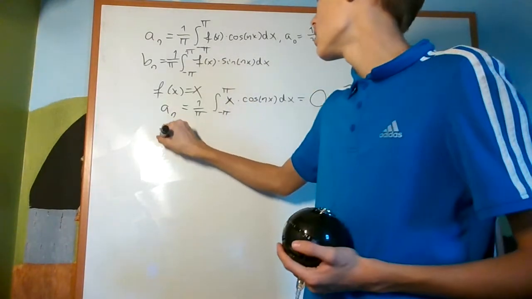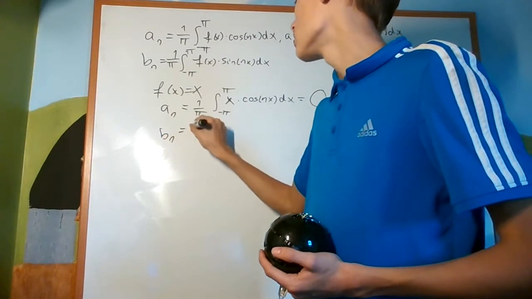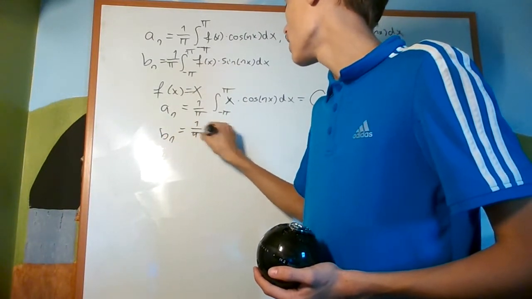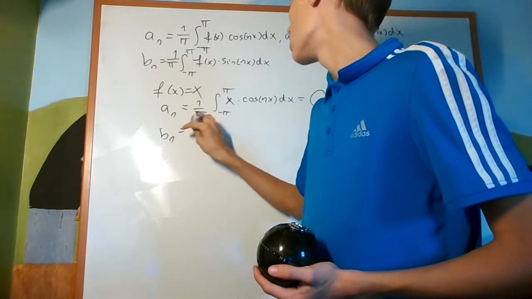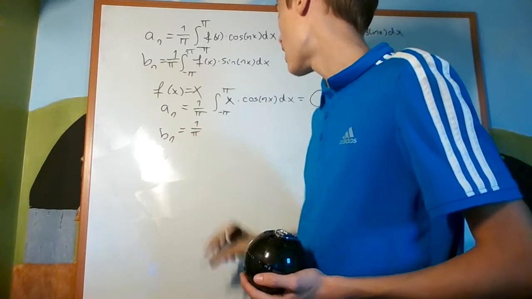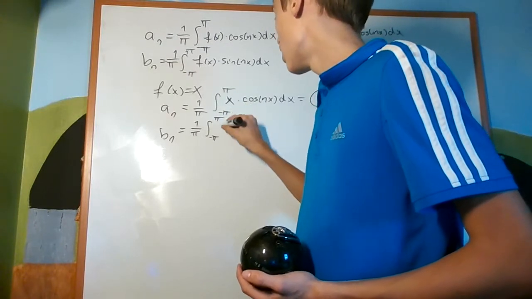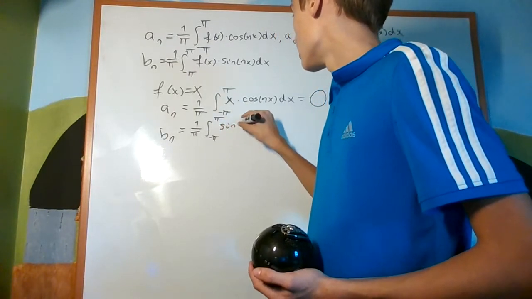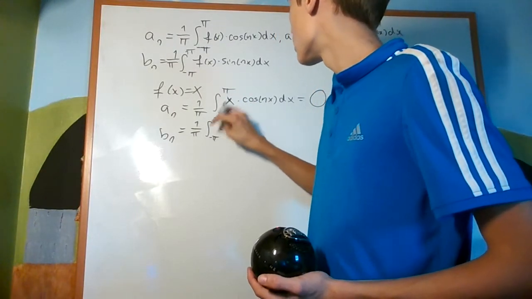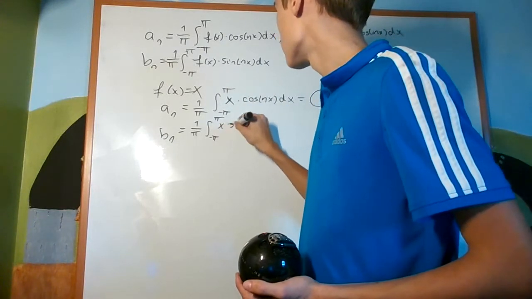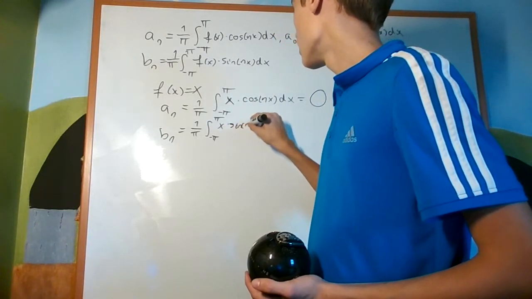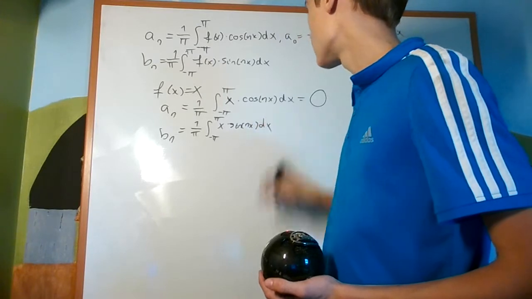Now bn, on the other hand, is going to be 1 over pi integral from negative pi until pi of x times sine of nx dx.